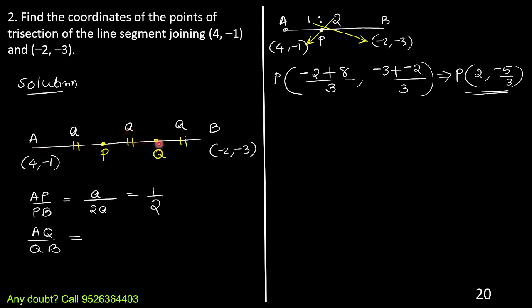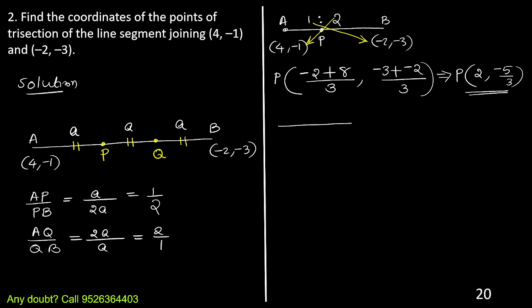The distance between A and Q will be a plus a, that is 2a, divided by QB. QB is a. a is cancelled. 2 by 1, or 2 is to 1. Hence, I can say that Q divides AB in the ratio 2 is to 1.